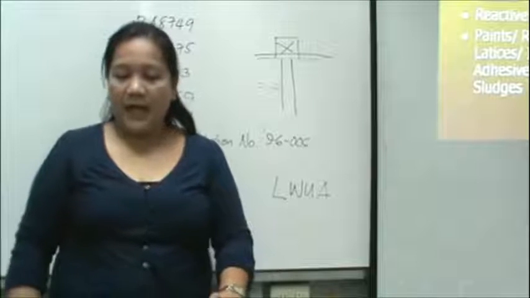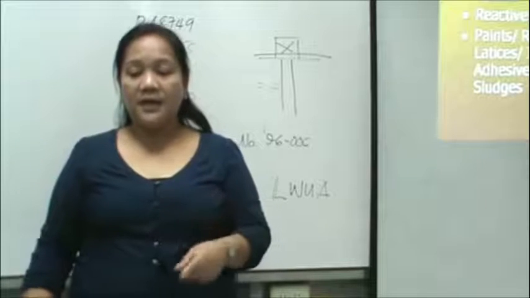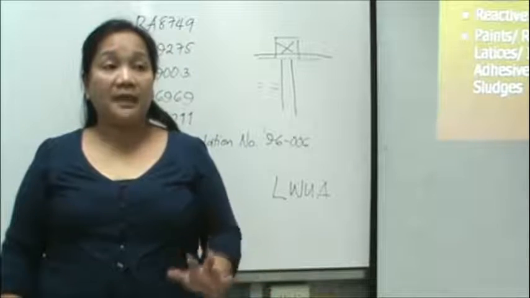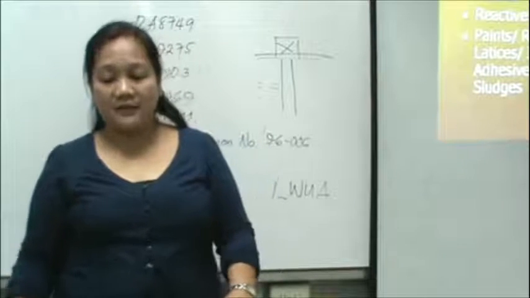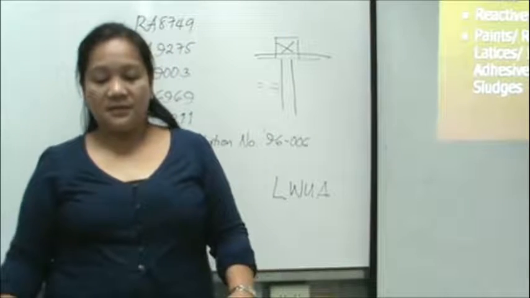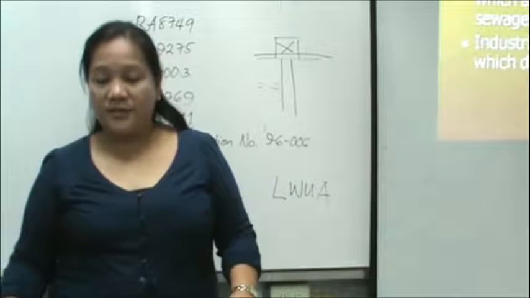Okay. RA 9003 has classified solid waste in the same manner RA 6969 has classified hazardous waste. So you have here the list as we have also discussed in our lecture.